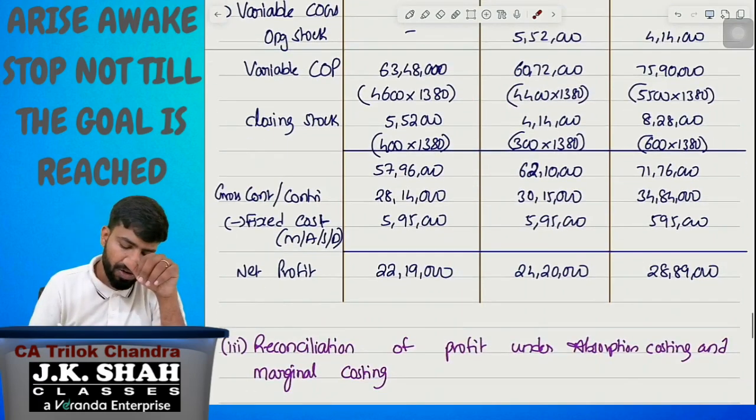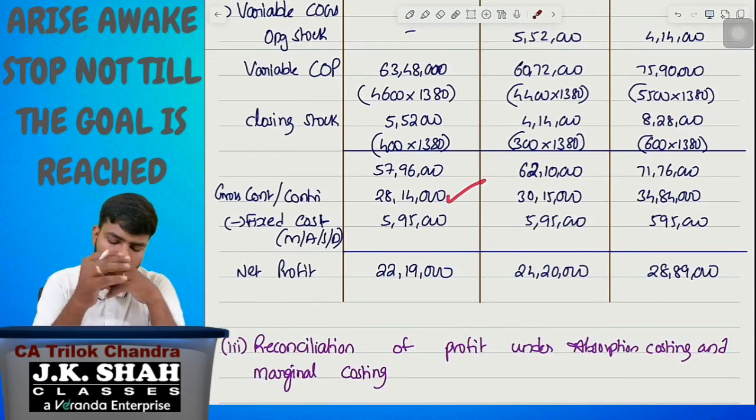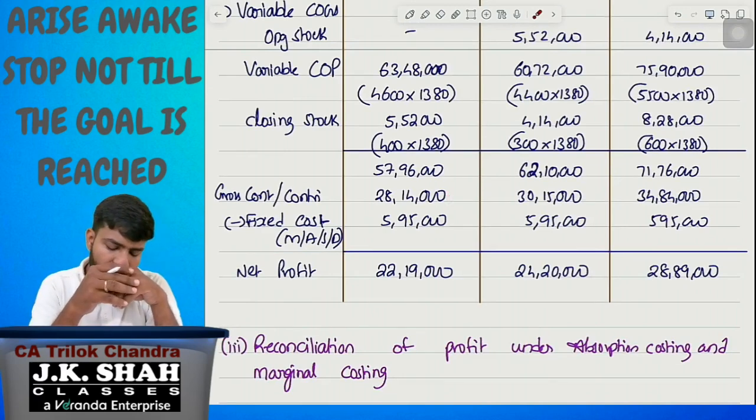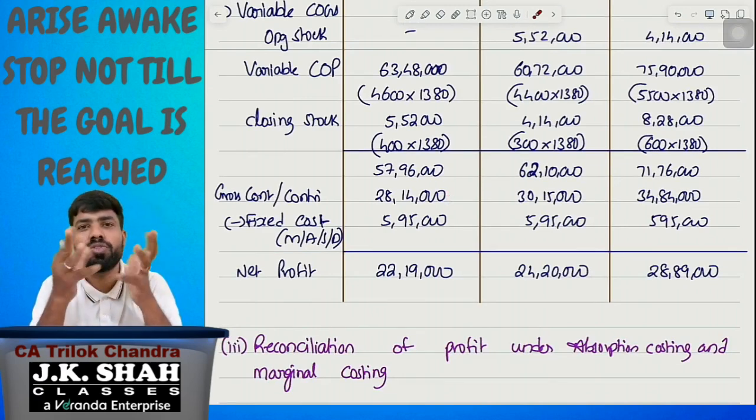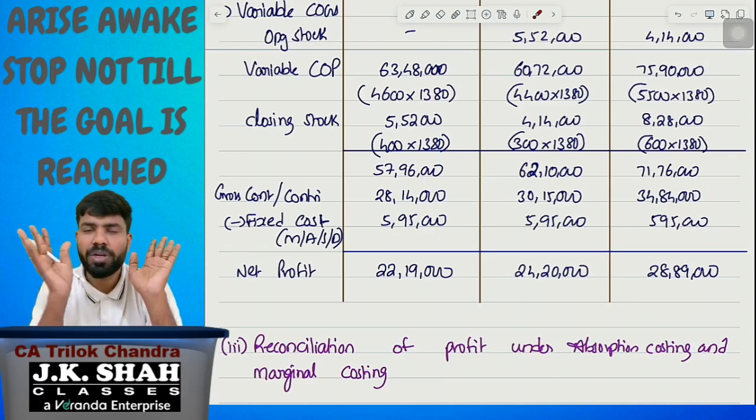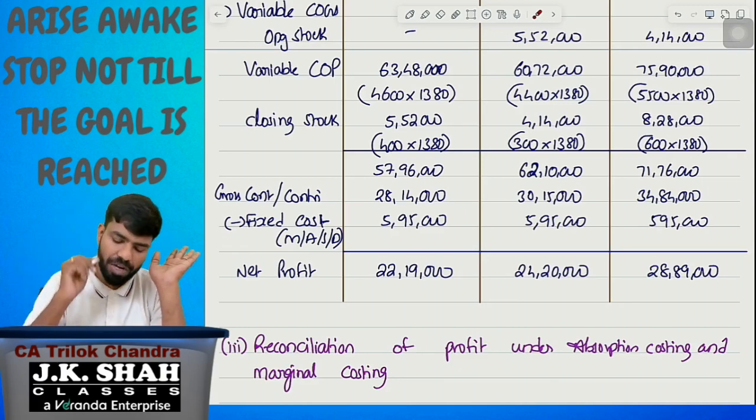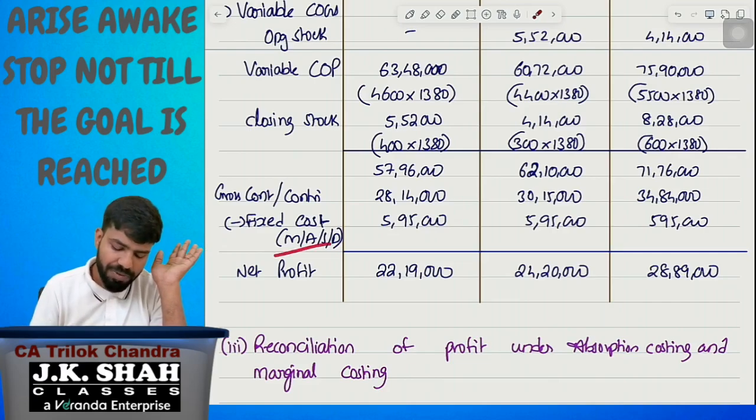Okay, before that, look at here. We will be getting gross contribution of 28 lakh 14,000, or contribution, because in this question there is no variable administration, variable selling and distribution. There is no such information in the question. So gross contribution will be equal to net contribution, or contribution minus fixed cost. Fixed cost is 5,95,000. How are they getting 5,95,000? Manufacturing, administration, selling, and distribution.